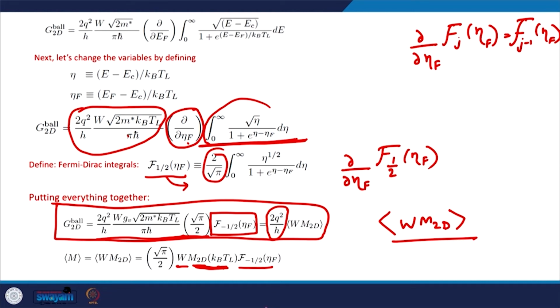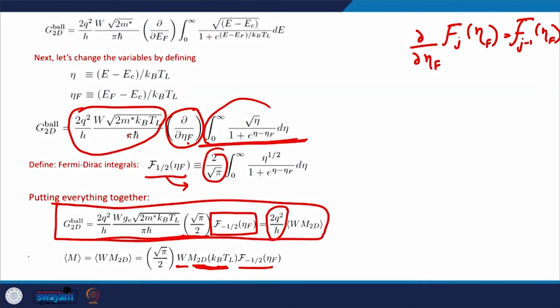As I just mentioned a few minutes back, in the case of non-degenerate semiconductors, the Fermi-Dirac integral can generally be evaluated quite easily. It becomes just the exponential of that order.